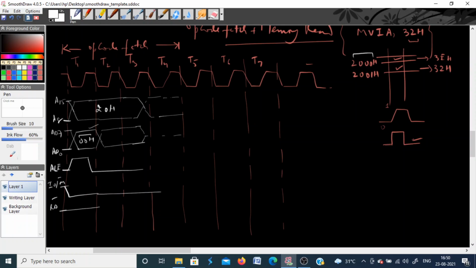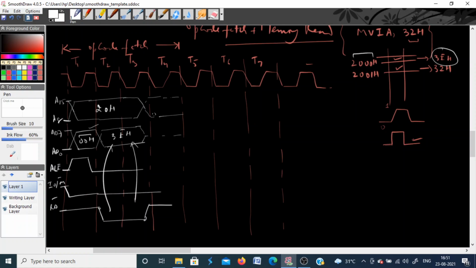Once it has latched this address, in the second clock period the processor will activate a read signal, which stays at logic 0 for almost 2 periods before it is again set to 1 by the processor. And during these two states, the data, that is 3EH, which is the opcode, is placed on the data bus.